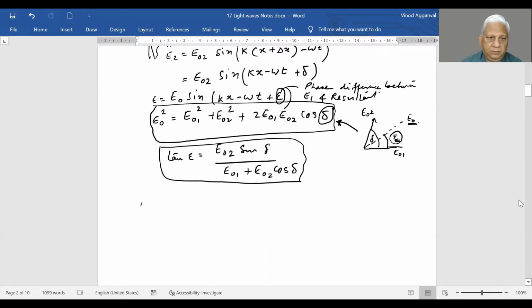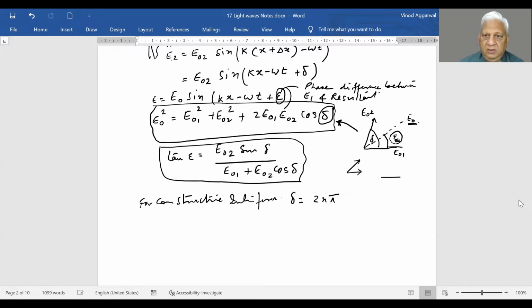Now for constructive interference, our delta, the phase angle, should be such that if two vectors are added together, they add to give the maximum resultant when delta is 2n pi.